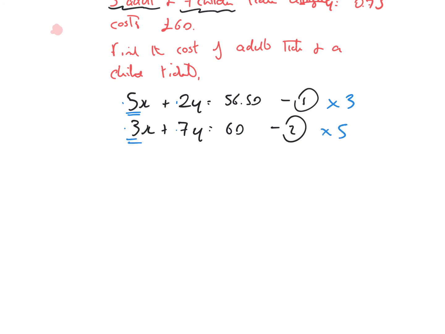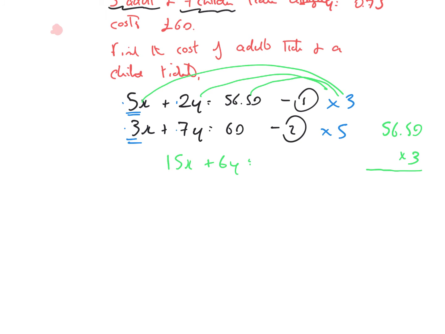So let's do the first equation. 5x times 3 is 15x, 2y times 3 is 6y, and then £56.50 times 3. Again, I'm not going to overuse the calculator, even though this might come up in the calculator paper. This can be done without a calculator.